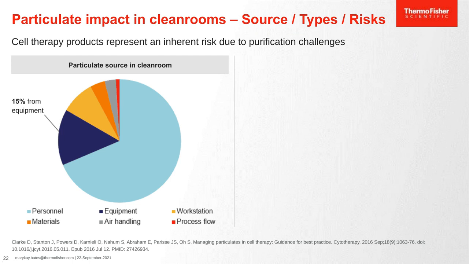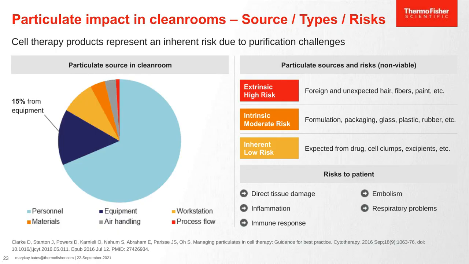But 15% is coming from equipment. So how can microorganisms come from equipment when they're normal flora for us and we're the biggest source of these particulates? Well, it turns out that non-viable particulates are also a big risk in a clean room and, by extension, for a cell therapy. So what sorts of non-viable particles are present?